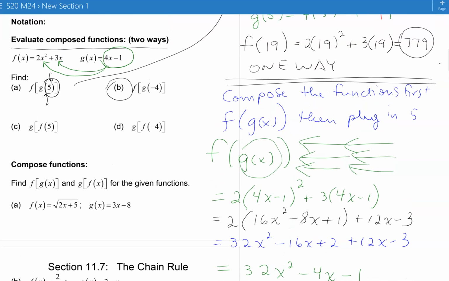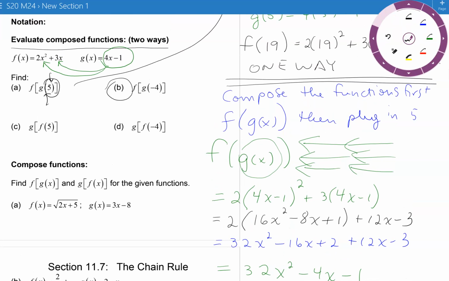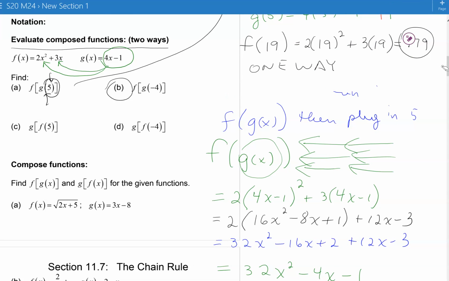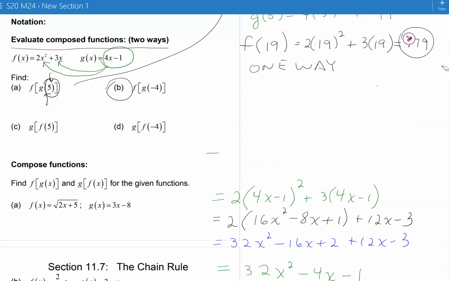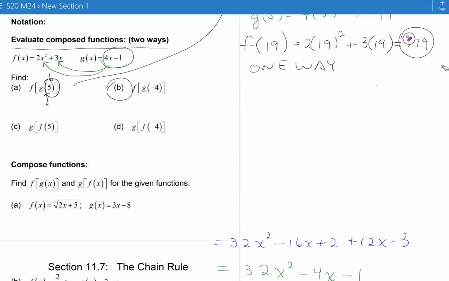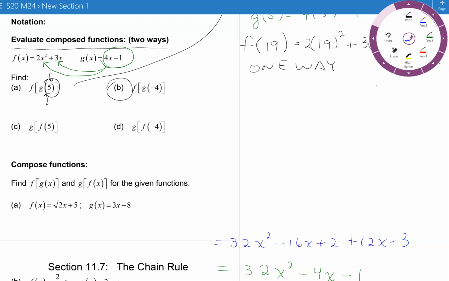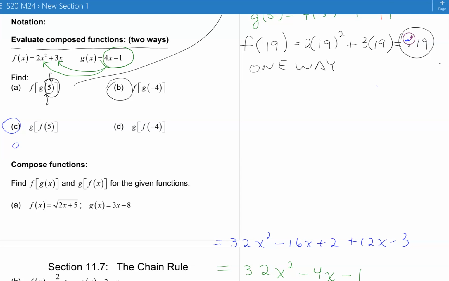So let's go back up here and look at the other functions that you're being asked to evaluate and make sure we know how to do those, because they're a little different. The order totally matters. So for this C example, g of f of 5, you would first find f of 5.